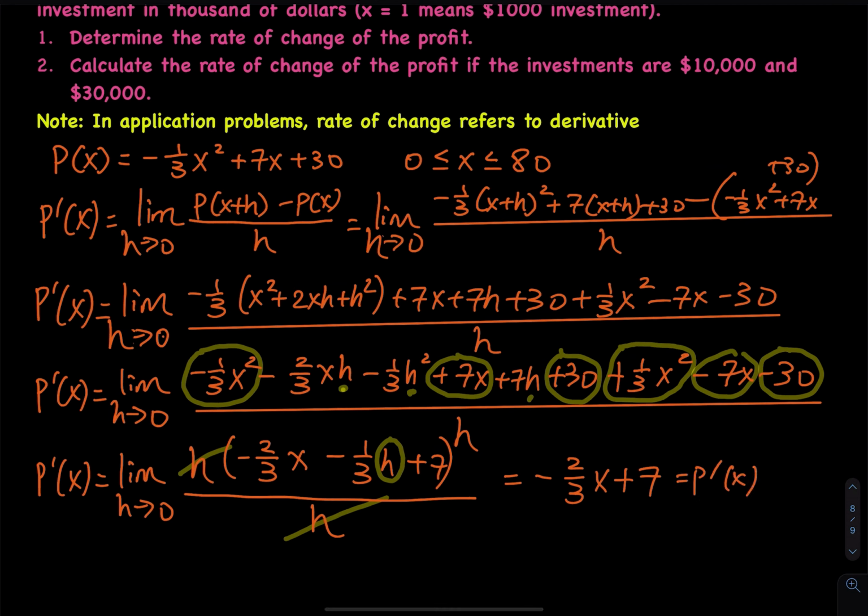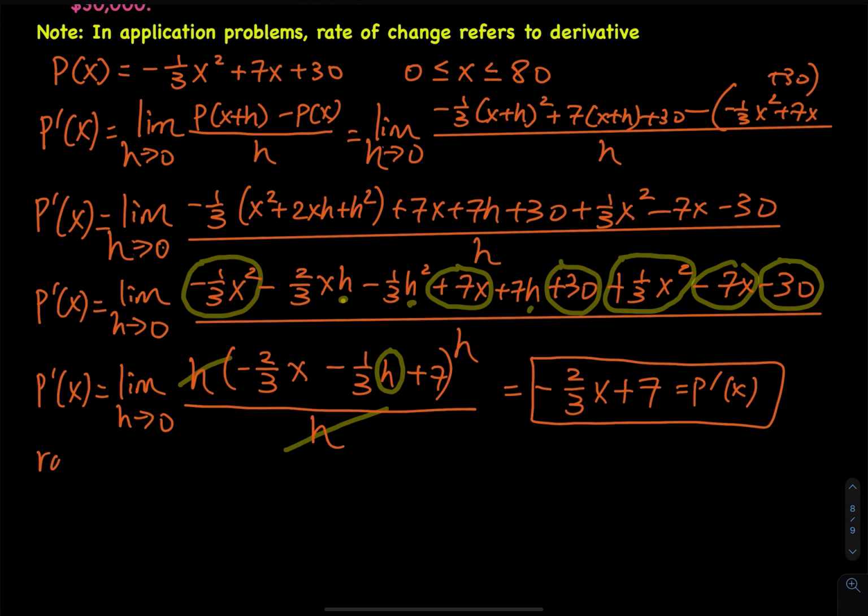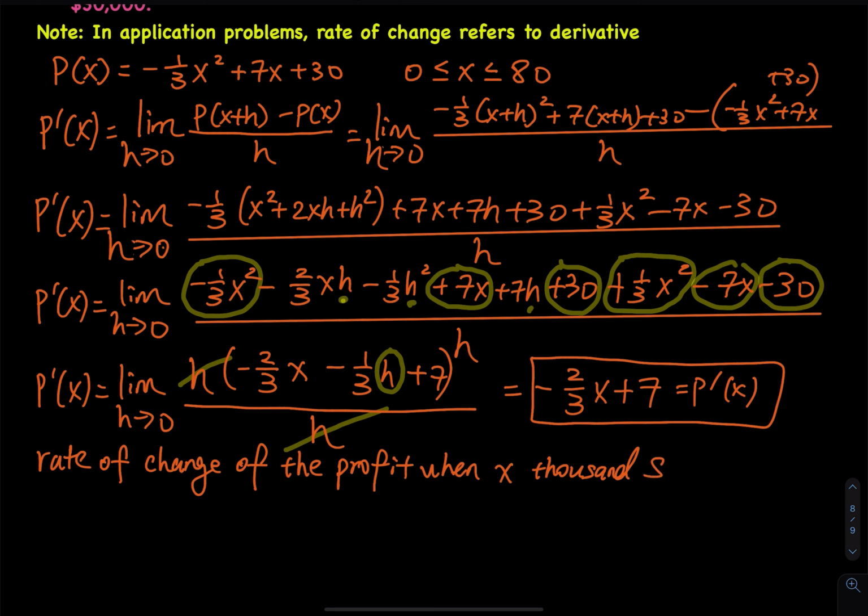So this is the derivative, p prime of x. So what is this called? This is called the rate of change of the profit when x thousand dollars is spent on investment.